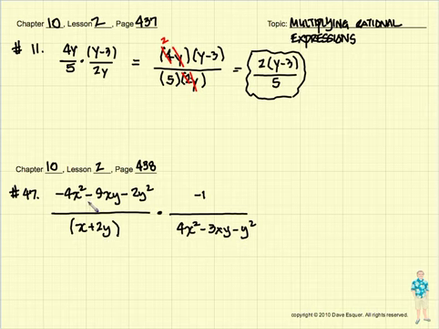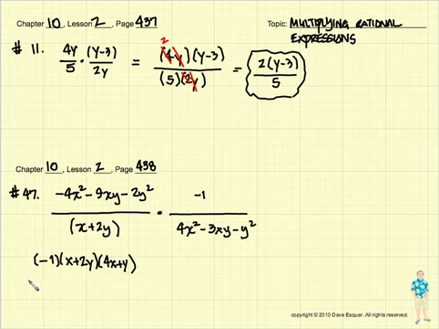So this minus 4x squared minus 9xy minus 2y squared is a minus 1 times the quantity of x plus 2y times the quantity of 4x plus y, and this we got from the page that follows. All that is going to be divided by x plus 2y.